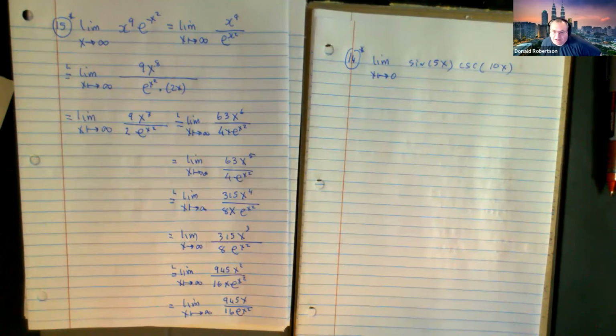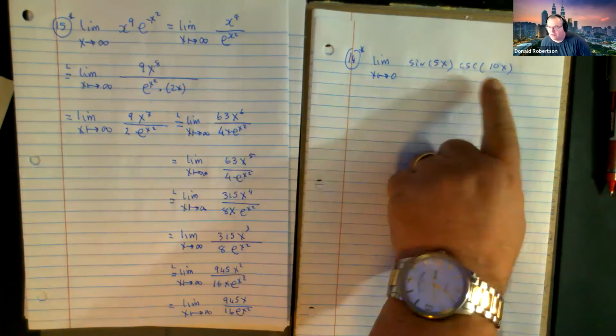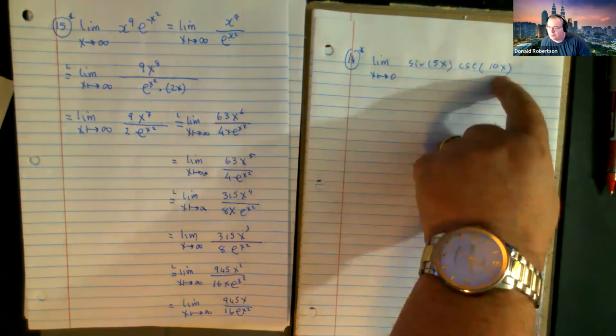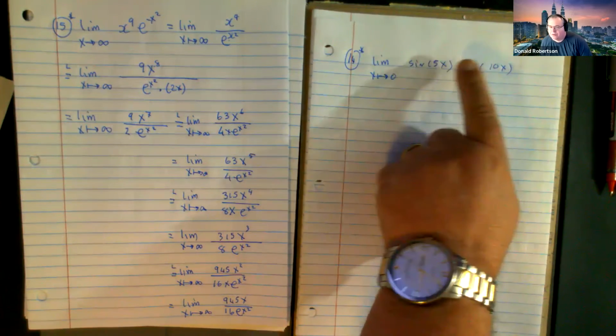That guy, if you plug in 0, you'll have to trust me here, but you get 0 over 0, right? Sine of 0 is 0, so cosecant of 0, oh, you get 0 times infinity. Okay, that's indeterminate form as well, right? That's 0, that's infinite. Indeterminate.